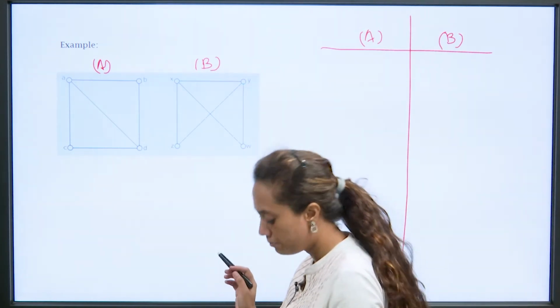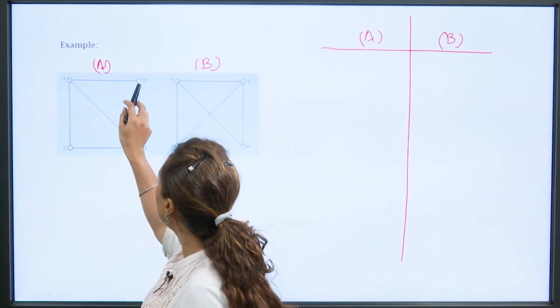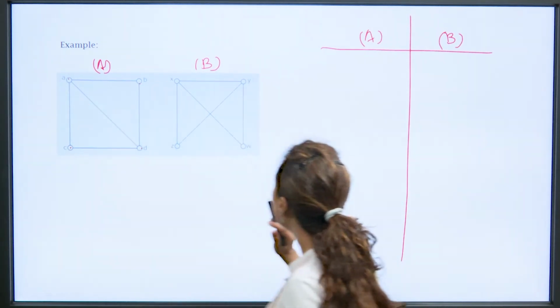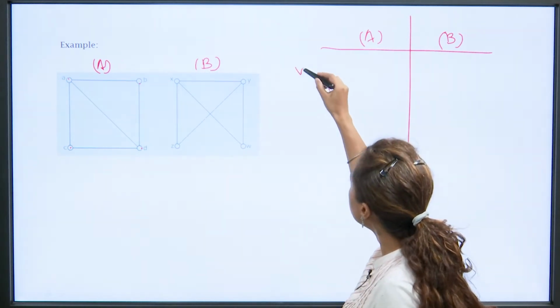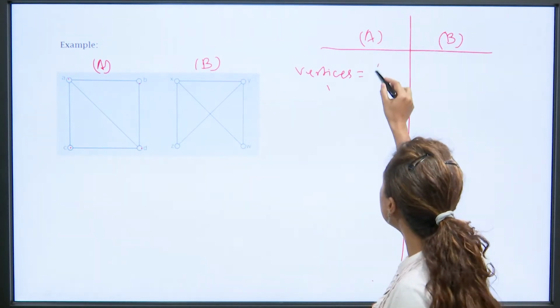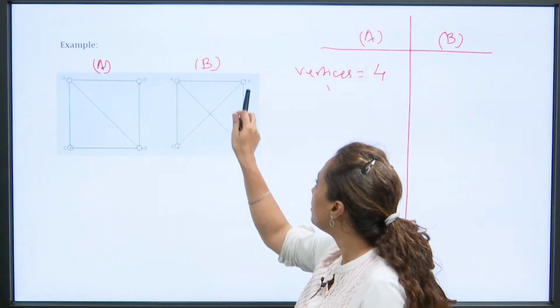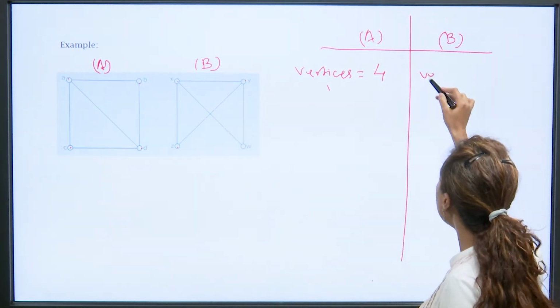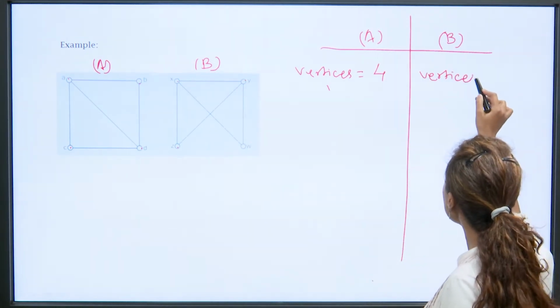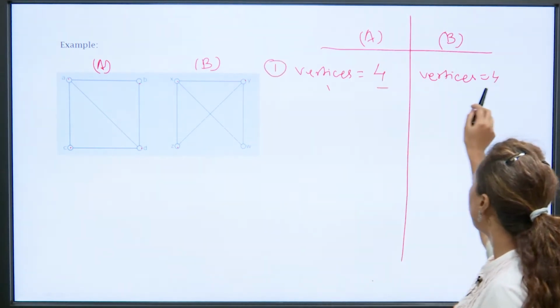So, we will count the number of nodes here. A has 1, 2, 3 and 4, so the vertices in graph A are 4. Similarly, B has 1, 2, 3 and 4, so vertices are also 4. So, the first condition is met because 4 and 4 are equal, right.